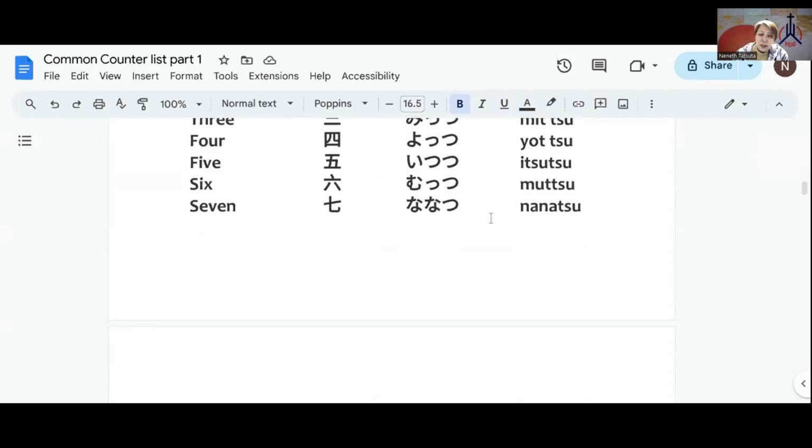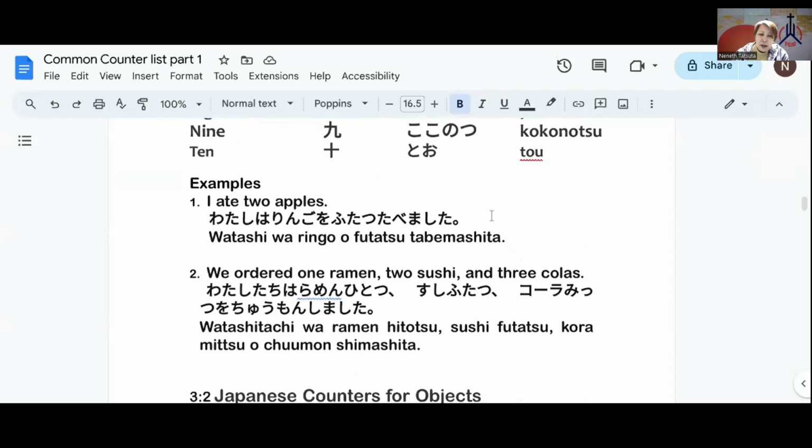Now, for example, I ate 2 apples. Watashi wa ringo o futatsu tabemashita. I ate 2 apples. Futatsu means 2, and ringo is the apple. You have the topic. Watashi wa ringo o futatsu tabemashita.